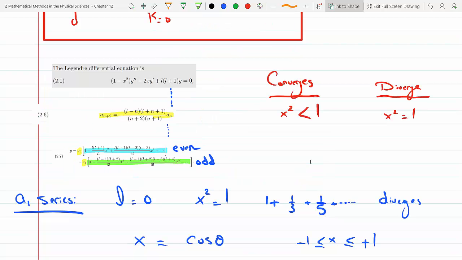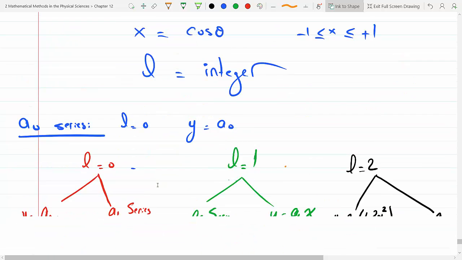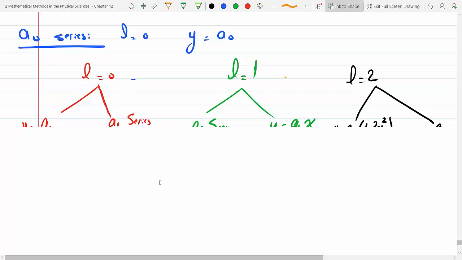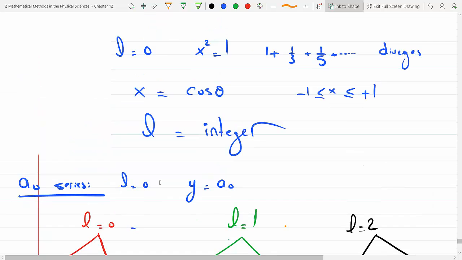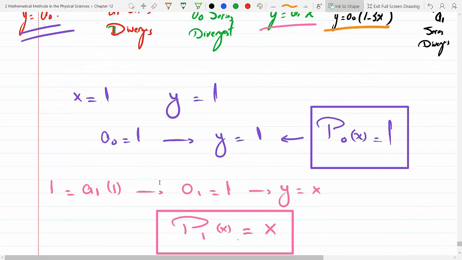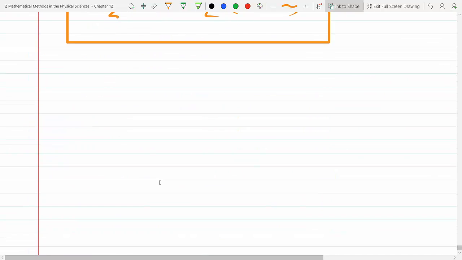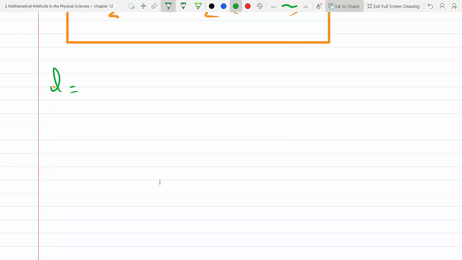Let's extend this explanation one step and see how it works. So I did L equals 0, L equals 1, L equals 2. Let's say you want L equals 3.